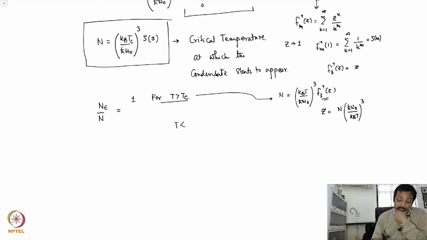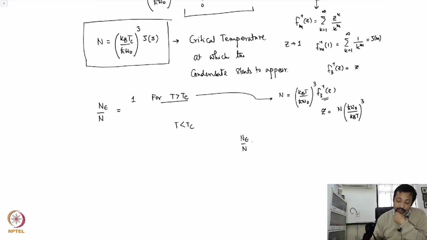For T less than Tc, I have F3 of Z being substituted by zeta of 3, so that you have an N_epsilon for T less than Tc. One can do the very simple calculation. We will do it on the side and plug it in there.